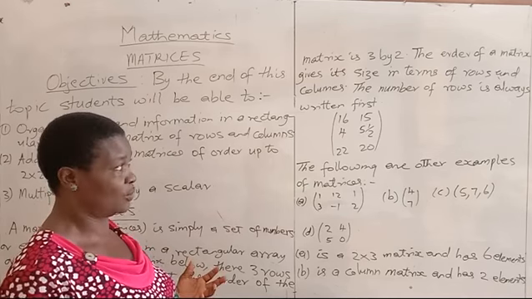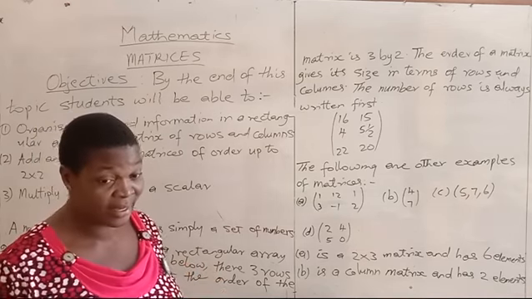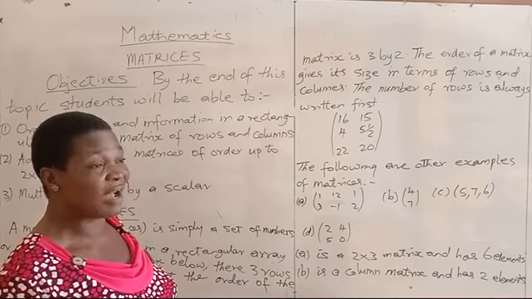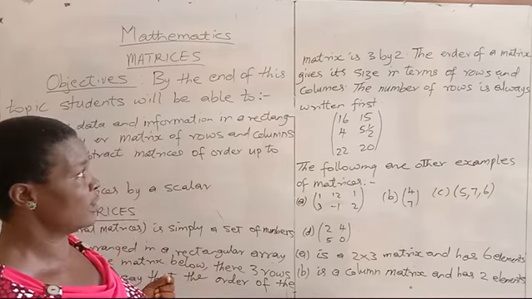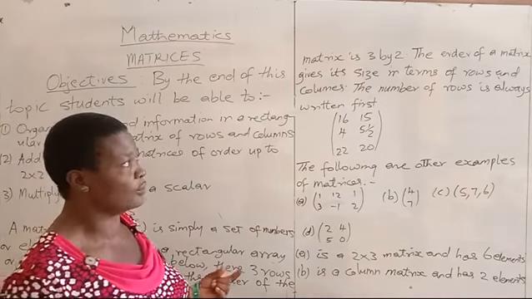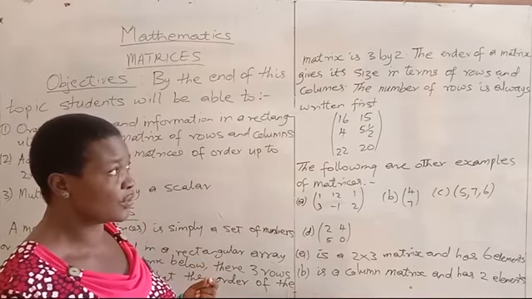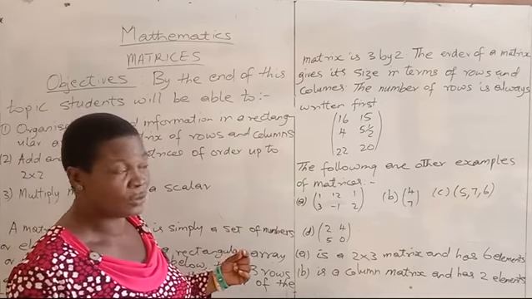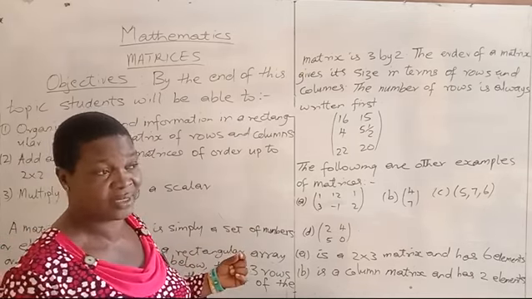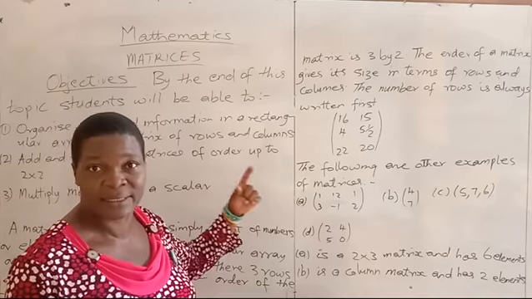For you to tell us the order of a matrix, you have to mention the number of rows and the columns. And in mentioning them, the number of rows is always written first, because it is the number of rows of a particular matrix that gives its name.